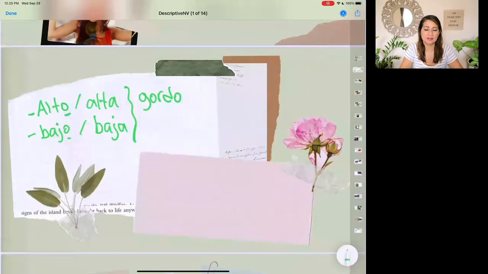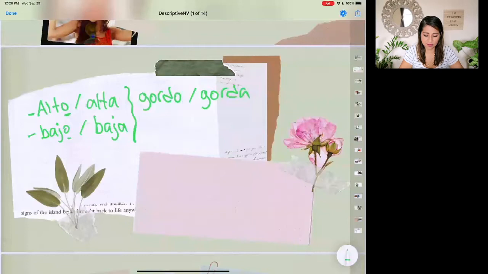Here in the US, it's a little bit less acceptable to call somebody fat. But in the Spanish-speaking world, it's sometimes used as a term of endearment, like a wife will use it with her husband and a husband will use it with his wife, gordo, gorda, and it's not so bad, but I think here, if you're going to use it, you have to be careful, okay? So gordo o gorda.